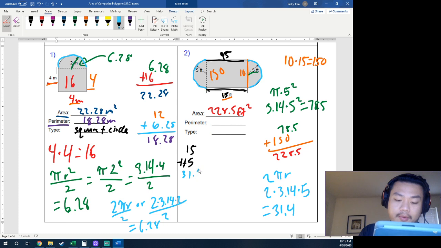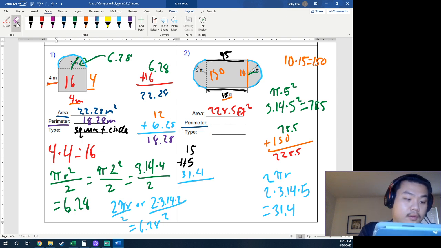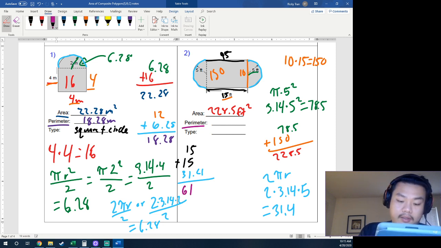You add that 31.4, and you end up with 61.4. The shape is a rectangle plus circle.